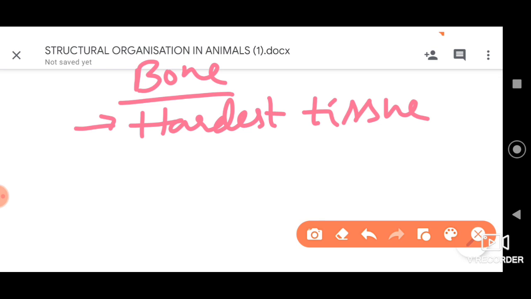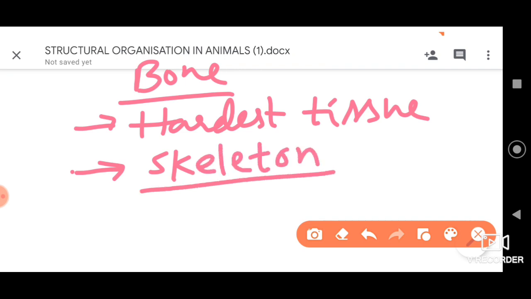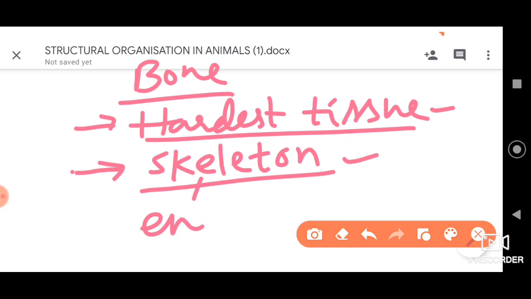And secondly, bone tissue occurs in the different bones of our skeleton. When we consider our skeleton, the bone tissue is well distributed, so we can say they form our endoskeleton.